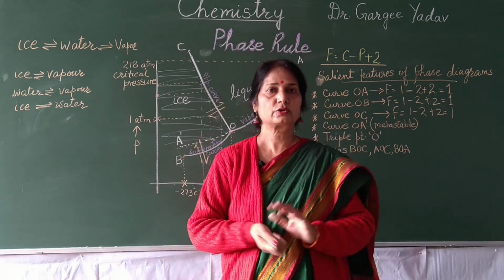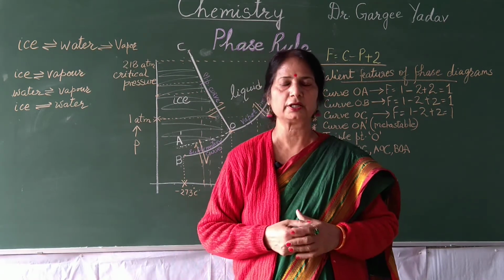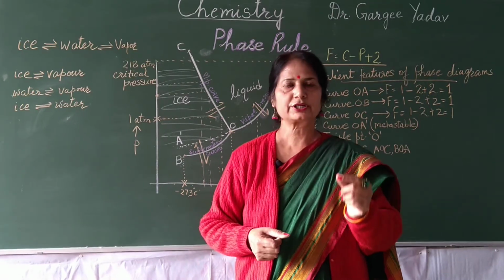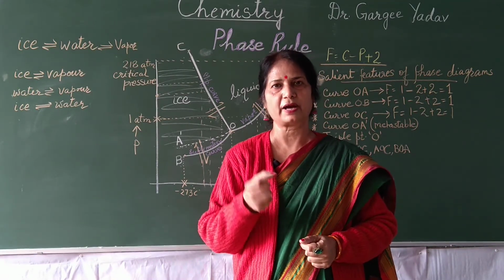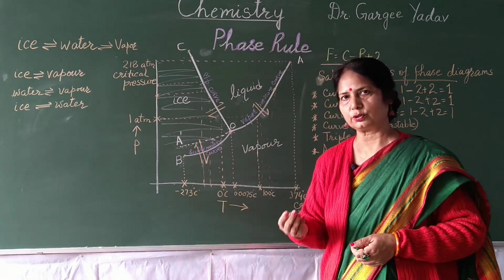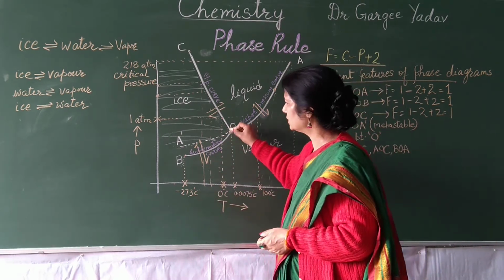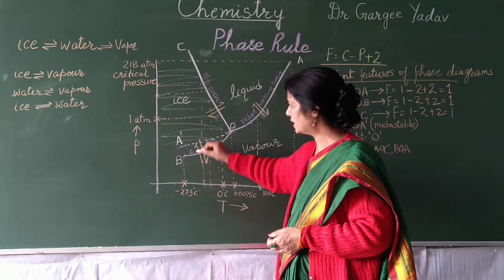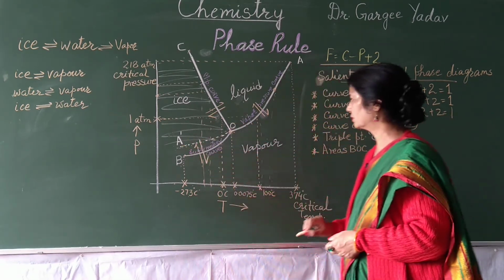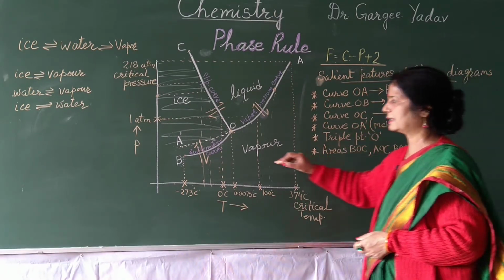But if this equilibrium is slightly disturbed by vigorous shaking or by introduction of a crystal of ice, then immediately the supercooled liquid will change into ice and the equilibrium will be disturbed, and ultimately this OA curve will merge to the OB curve. So this OA curve is the curve for the supercooled liquid, and it is known as the metastable curve.